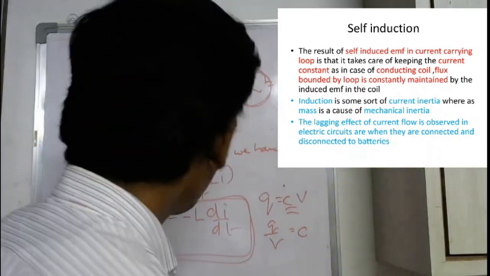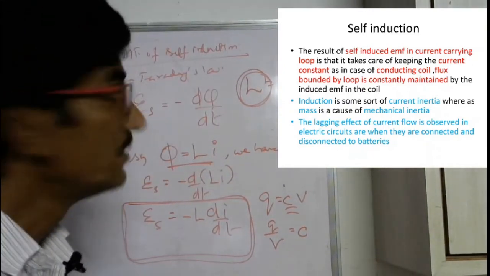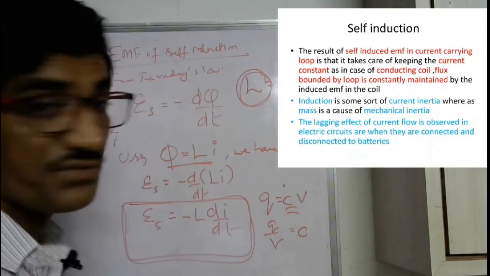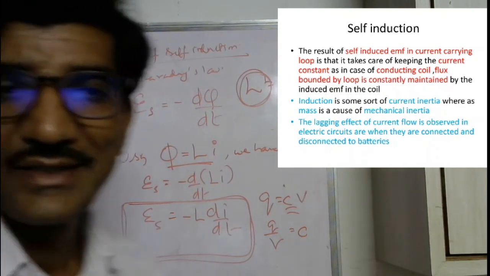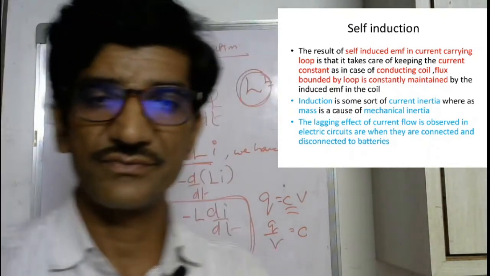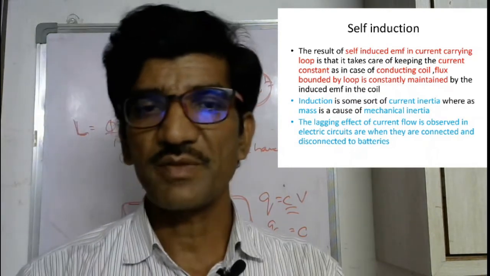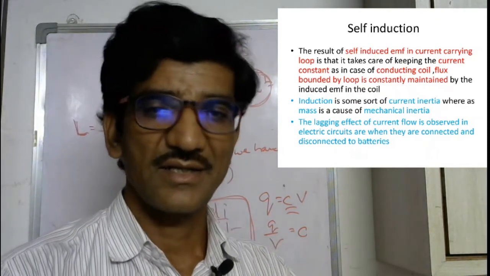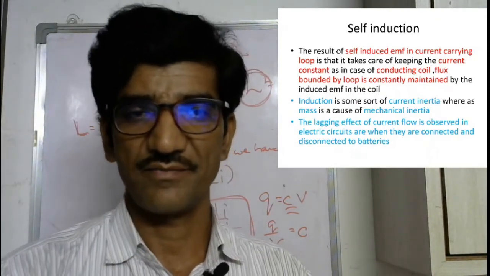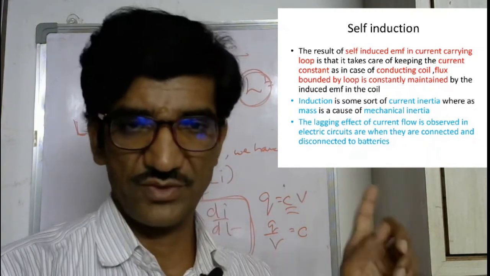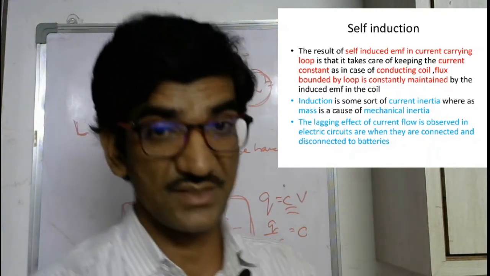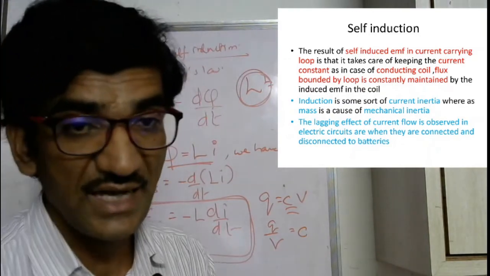So what is the result of this EMF of self-induction? It takes care of stopping the changes in the current within the coil. This is very similar to our previous case where we discussed electromagnetic induction.